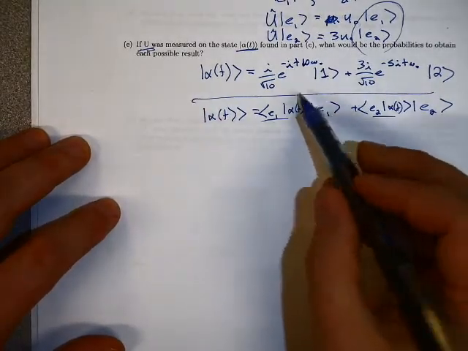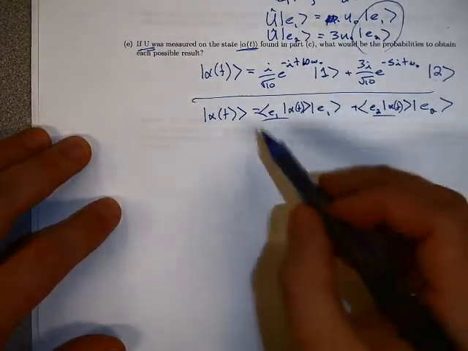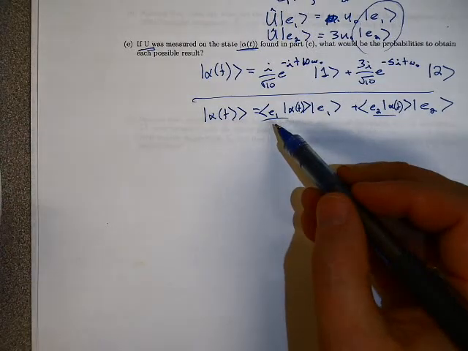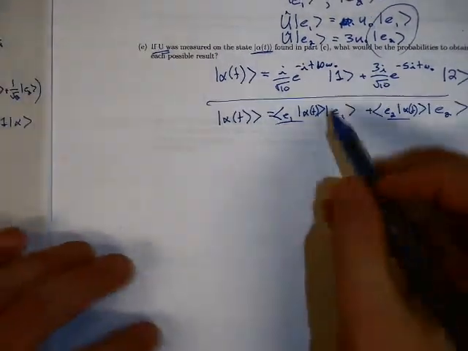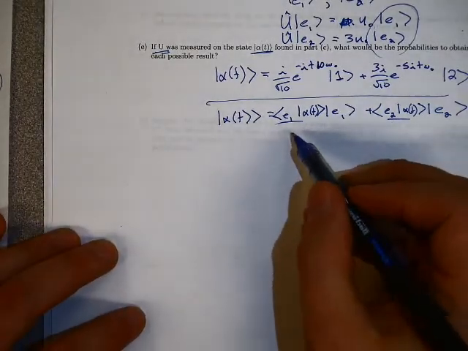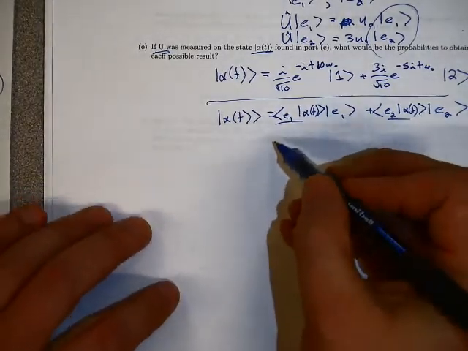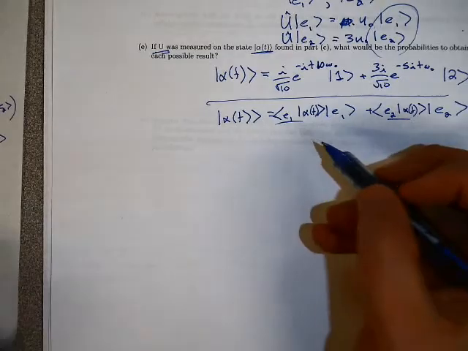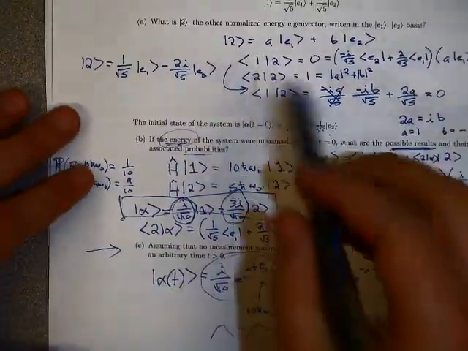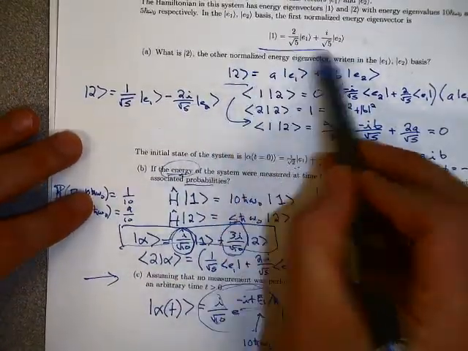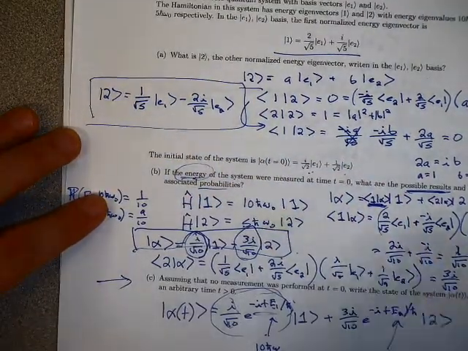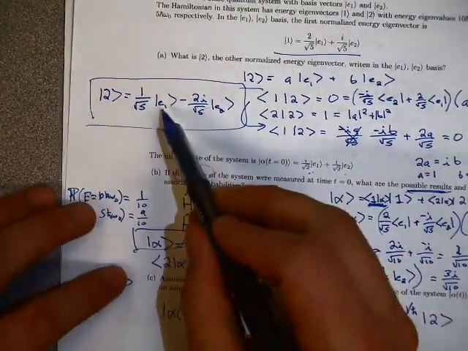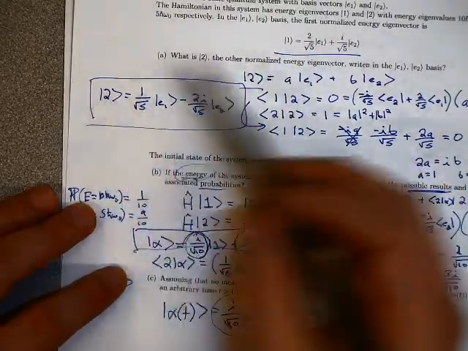Alpha of t here is given by this. We don't actually know E1 yet in the 1-2 basis. I think it's easiest to use this formula and this formula from before to find out what E1 is in the 1-2 basis.